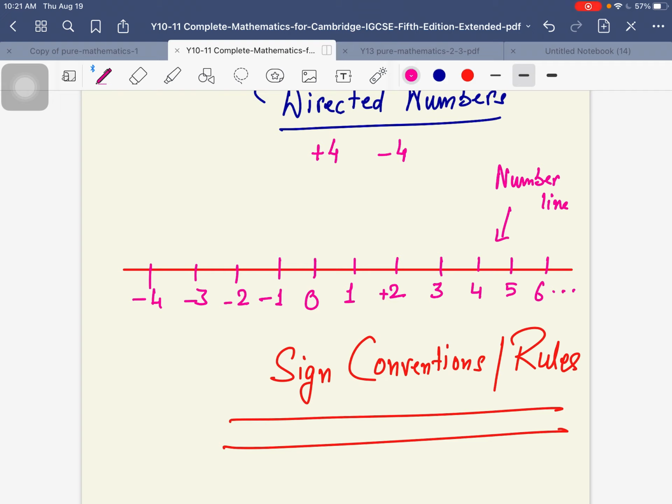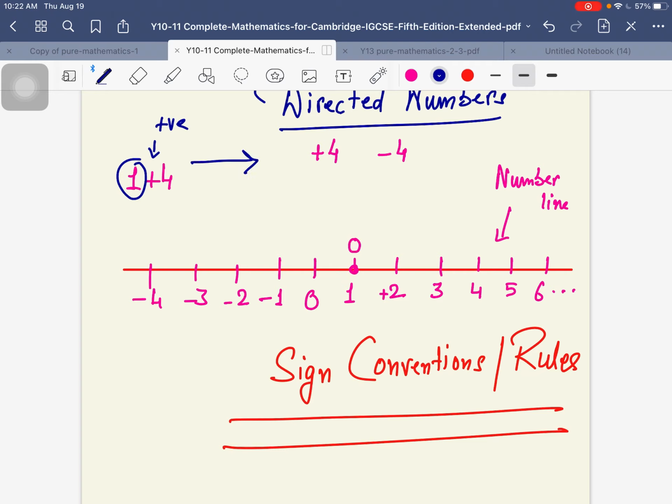So if I start from 1, for example, this 1 here, and I want to calculate 1 plus 4. The standard is that if we get a positive sign in front of a number, then from the starting number, in this case 1, we need to move rightwards on the number line.